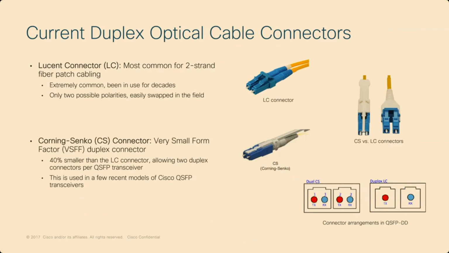It's the Lucent connector. I'm sure you've seen these all over the place in the data center. It is the most common connector these days. There was an earlier connector called SC, or standard connector. And this has supplanted it because it is smaller, narrower. It's a little bit easier to work with.